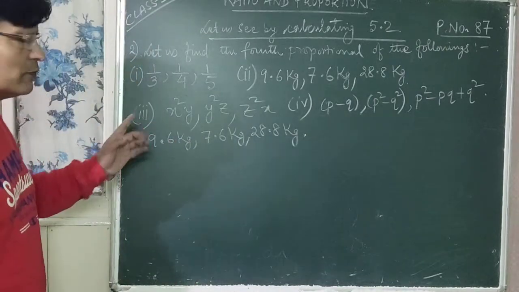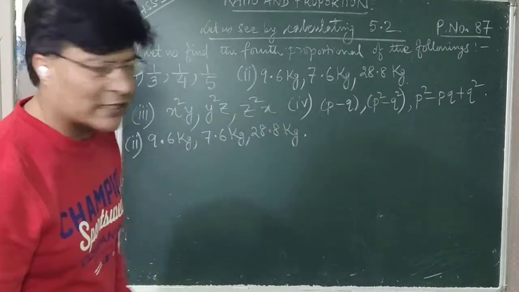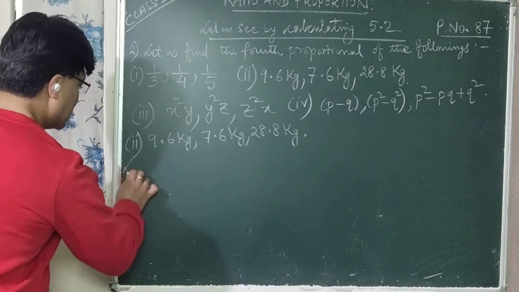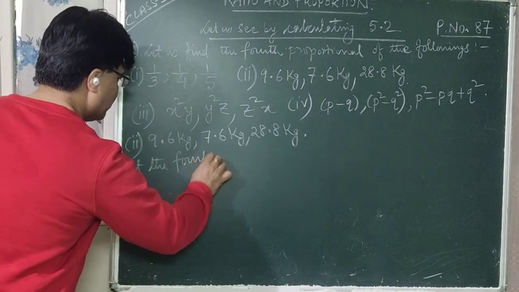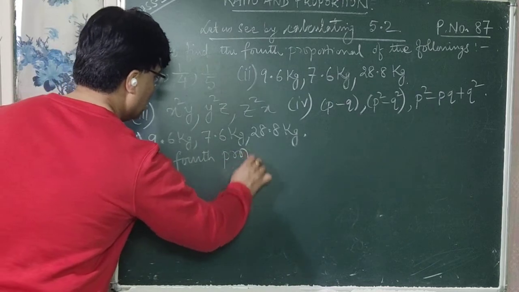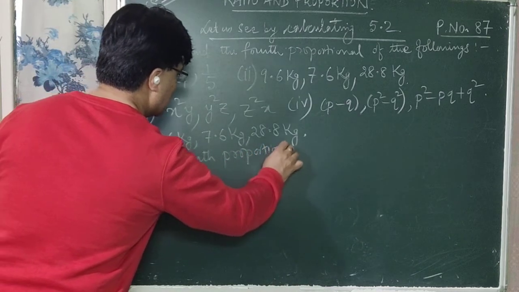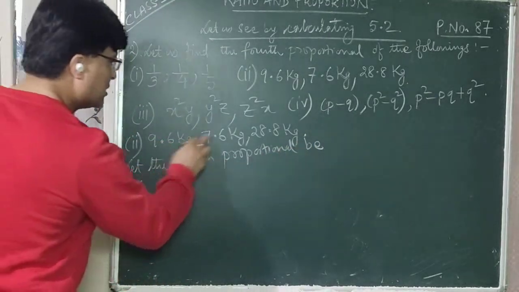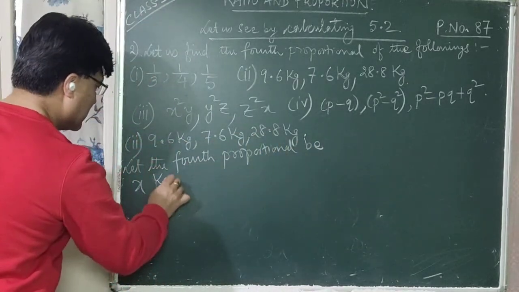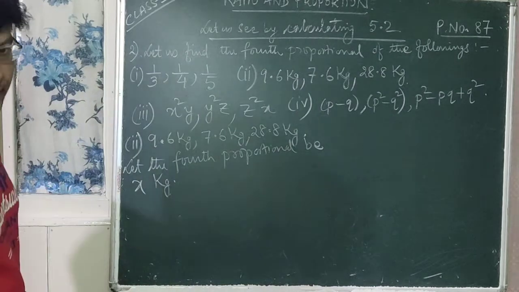So let us assume the fourth proportional to be x kg. Since the unit is given here as kg, you should write x kg, right?